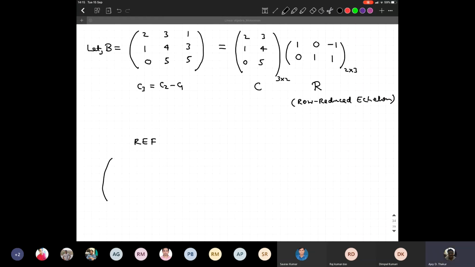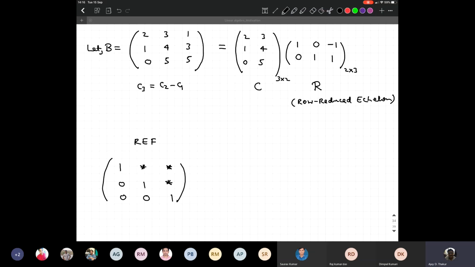Suppose here we can have some numbers like 1, 1, 1, or it could even have been a slightly different number, but most nicely 1, 1, 1, and the numbers above this are any typical numbers.